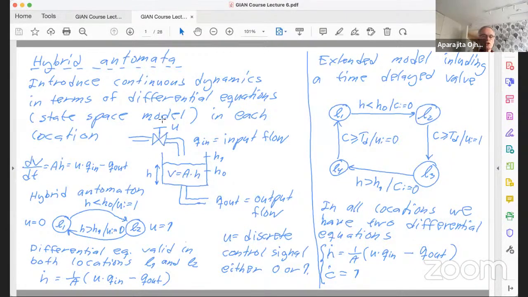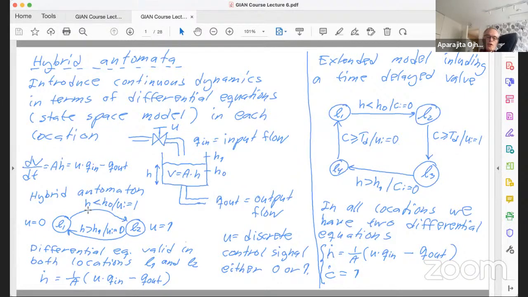So this is a logical variable. In location L1, U is equal to 0, and in location L2, U is equal to 1, nothing else.